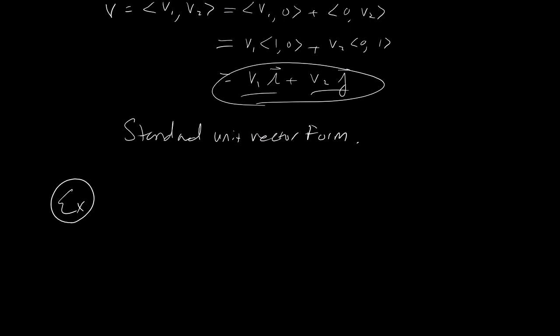So we have v equal to PQ, where P is the point 2, -5 and Q is the point -4, 1. Then we are going to let vector u be equal to 2i minus j.